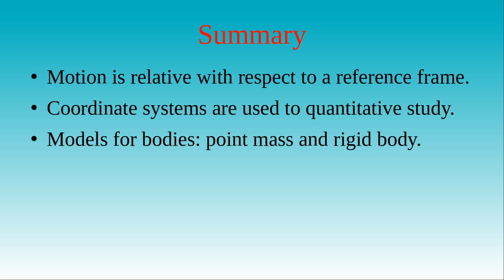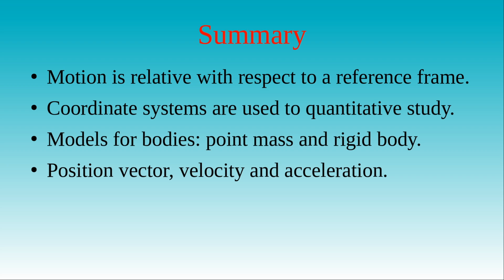Such models are the point mass, systems of point masses, and elastic and rigid bodies. We also have to define the basic kinematic quantities, such as the position vector, the velocity, and the acceleration of the moving bodies. By applying the coordinate systems, we can have a numerical description of the kinematic quantities in terms of the coordinates of the moving bodies.